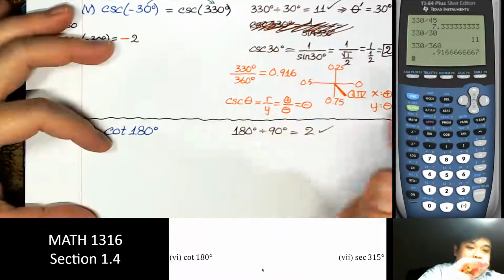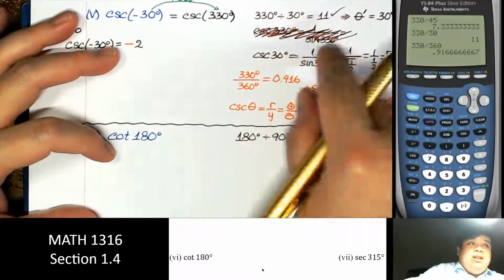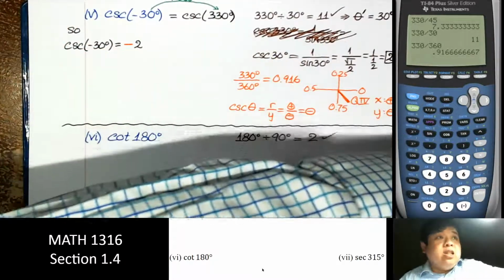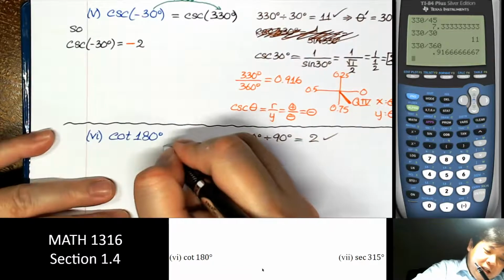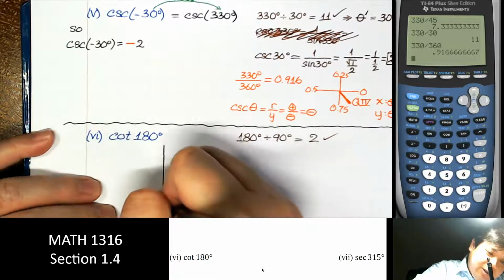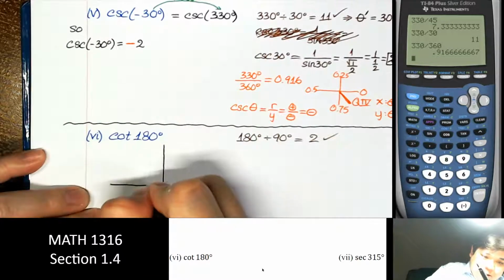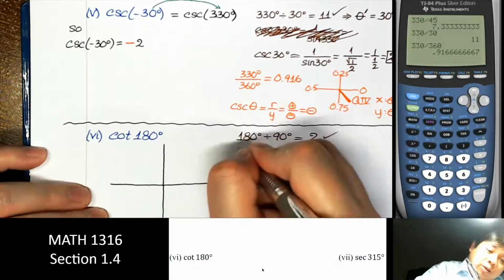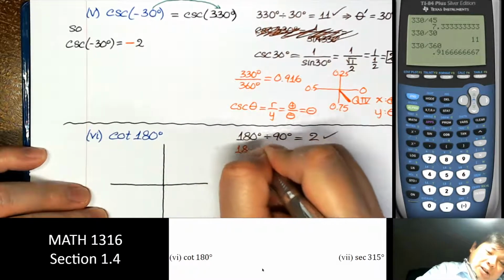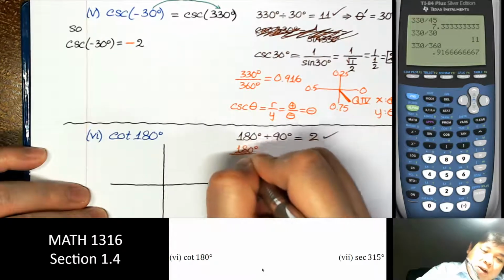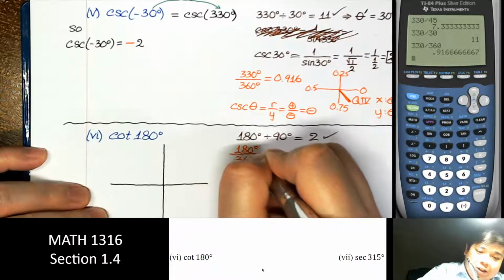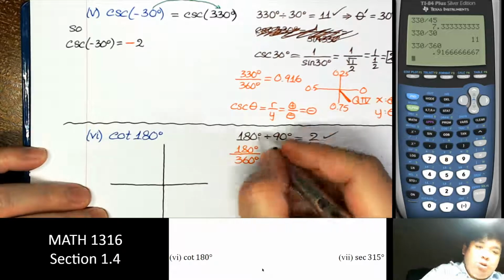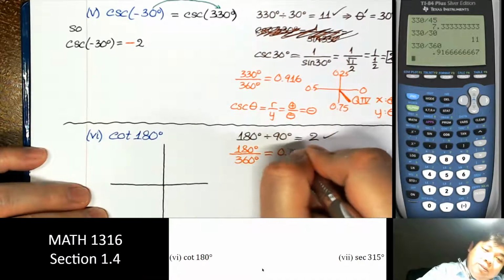So if that's the case, don't do any of this. What we do instead is try to draw it and see where it is. Now, 180 degrees divided by 360 will be equal to 0.5, right?